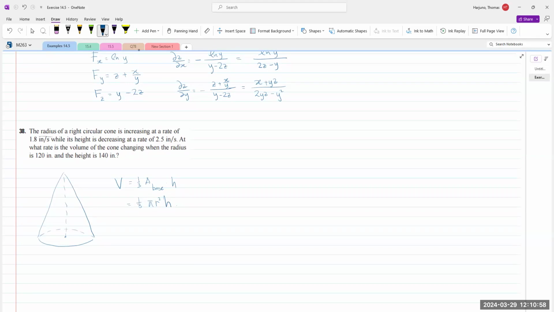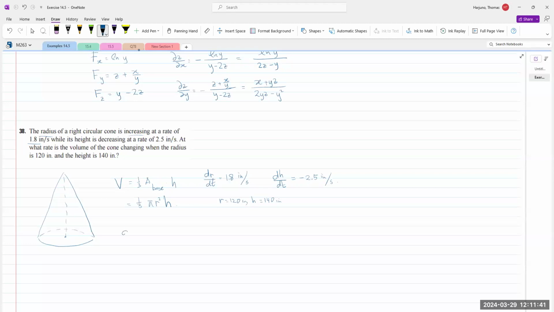The radius is increasing at 1.8 inches per second, so dr/dt is 1.8 inches per second, while the height dh/dt is decreasing at the rate of negative 2.5 inches per second. Now the question is, at what rate is the volume of the cone changing when the radius r equals 120 and the height is 140 inches.